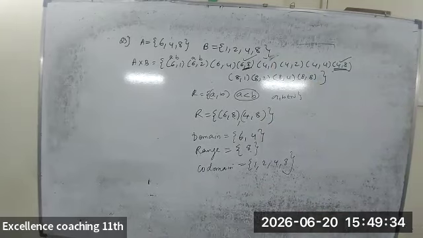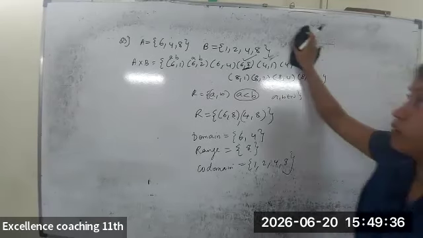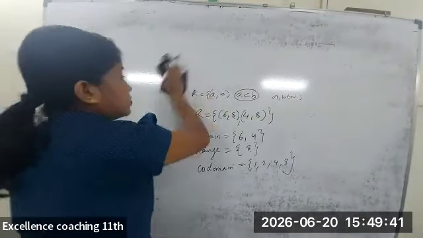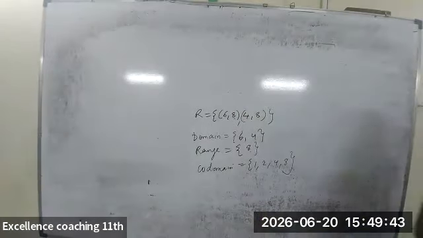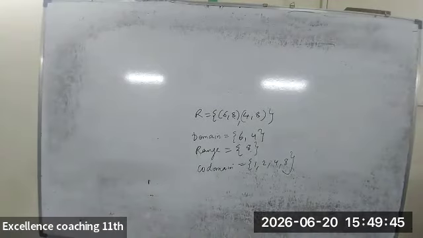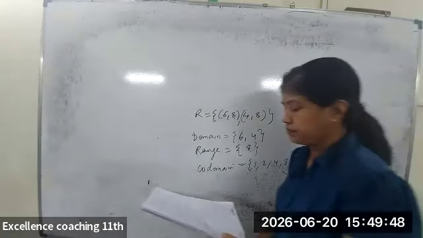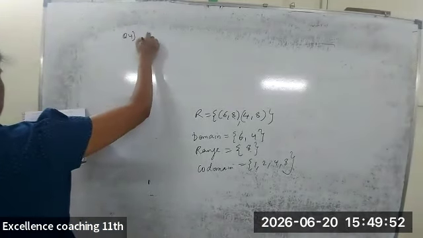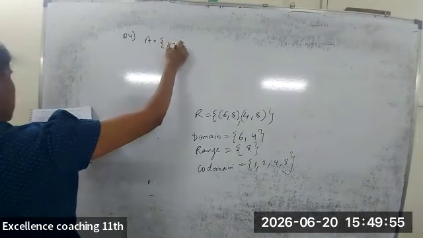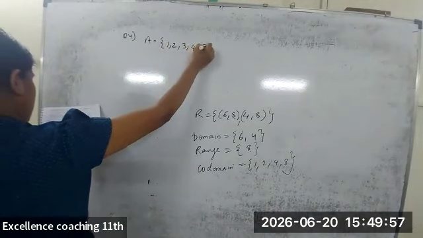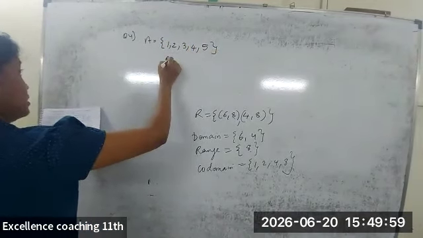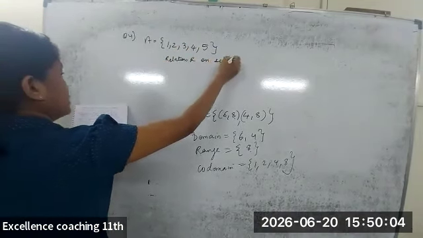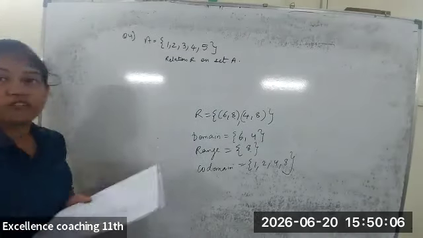Fourth one. A is given. Define a relation R on set A. Now B is not given.